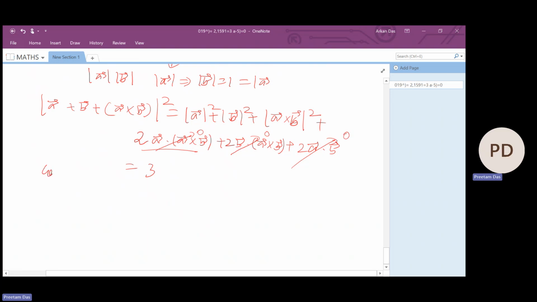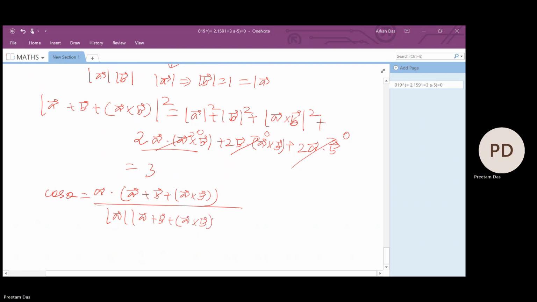So now we will find the angle. So what is the formula? Cos theta equals A dot B, where B vector in the question is A plus B plus A cross B, divided by mod of A and mod of A plus B plus A cross B. What will be the answer?